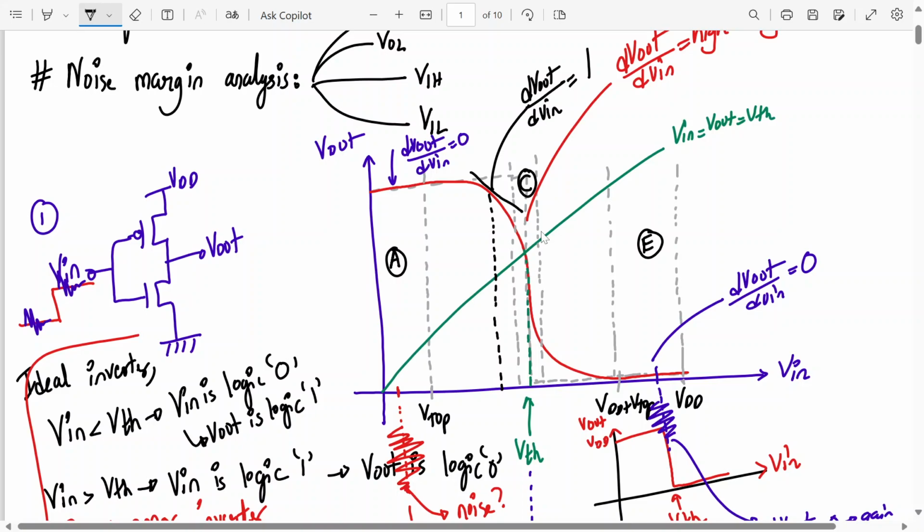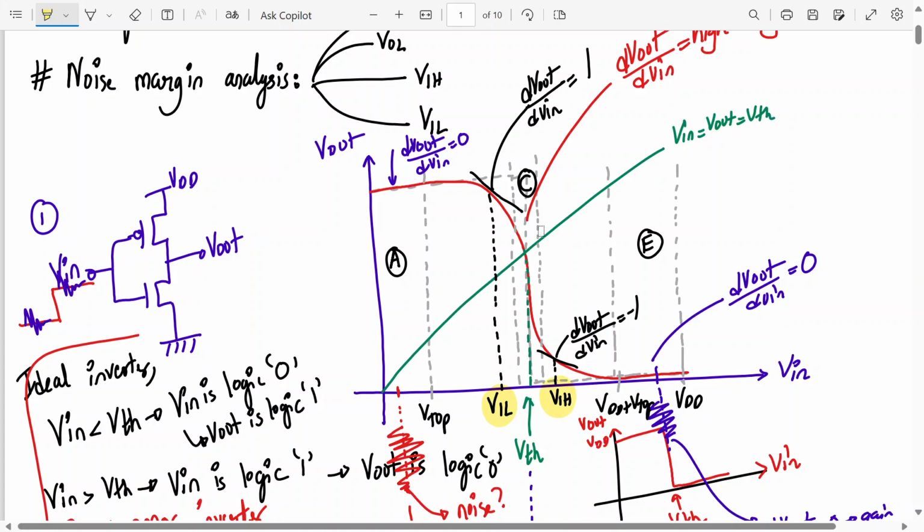So these are the two additional points. This is called VIL, and this point over here where again dV out by dV in is equal to -1. This is called VIH. So these are the 2 points which will define the boundary.